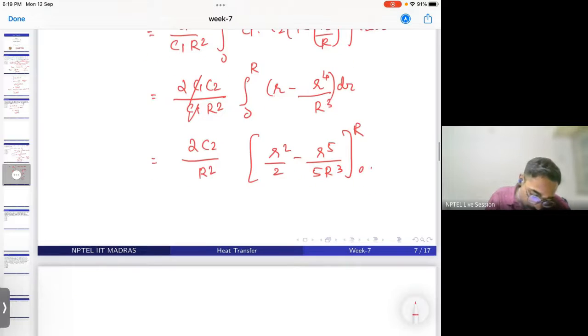That is 2C2 divided by R square by 2 minus R raised to 5 by 5 R cube.